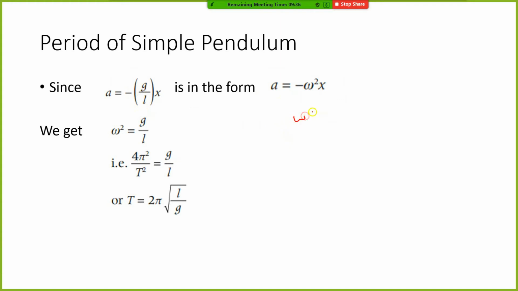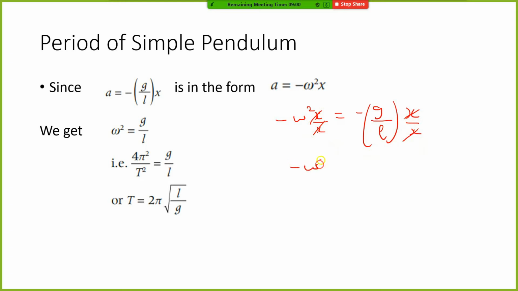So if I take A equals minus omega squared x, and then I write that A is also equal to minus g divided by L times x, what you're going to see is that if I want omega squared to become the subject, then this x needs to move. So I'm going to divide both sides by x. When I divide both sides by x, this x cancels out, and there's no more x in the equation.